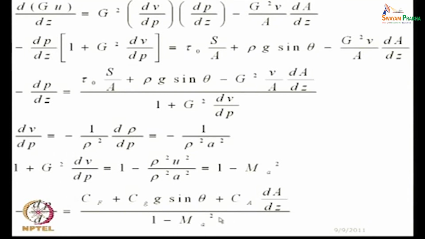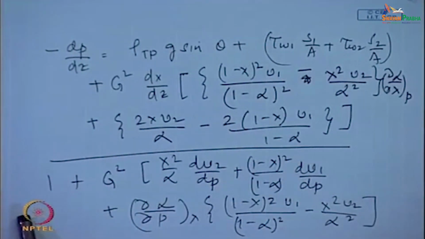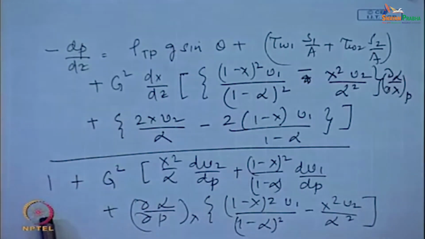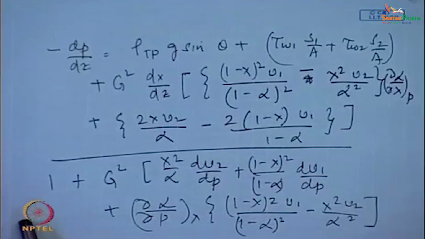Now, if we start from the same analogy, then we are in a position to comment that this particular denominator, which we deduced in the last class for the pressure gradient expression, should also correspond to 1 minus the two phase Mach number for this particular fluid, is it not?